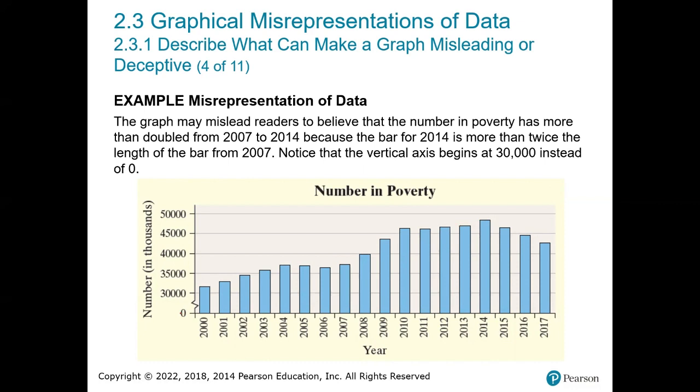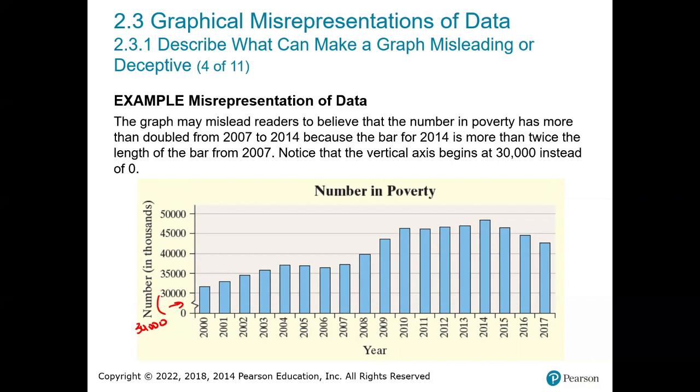It doesn't matter that 0's there or that they put this little break here. It still is beginning at 30, even though it has that 0, this scale now here, this break is a distance of 30,000. So this is still not good.